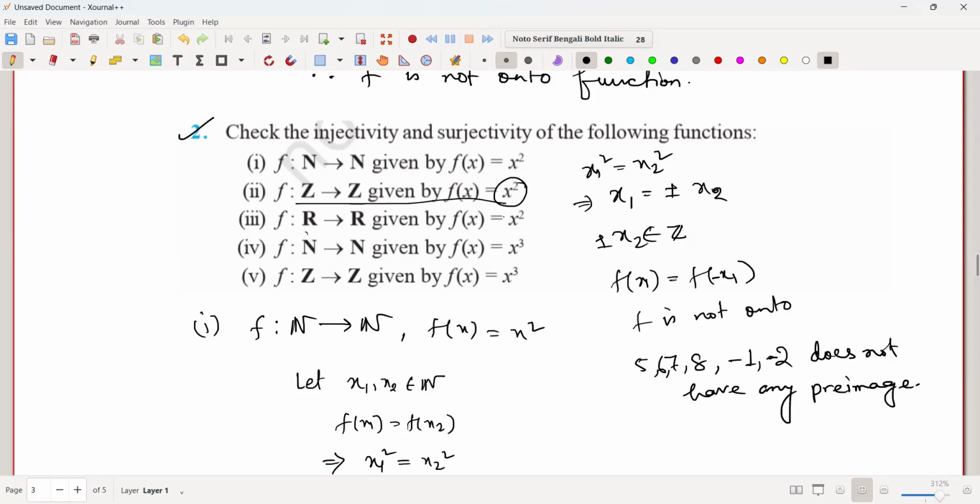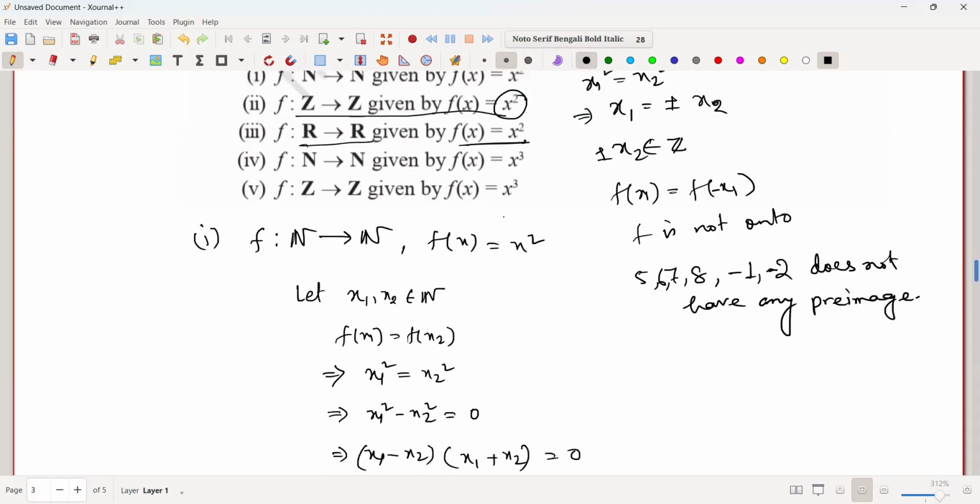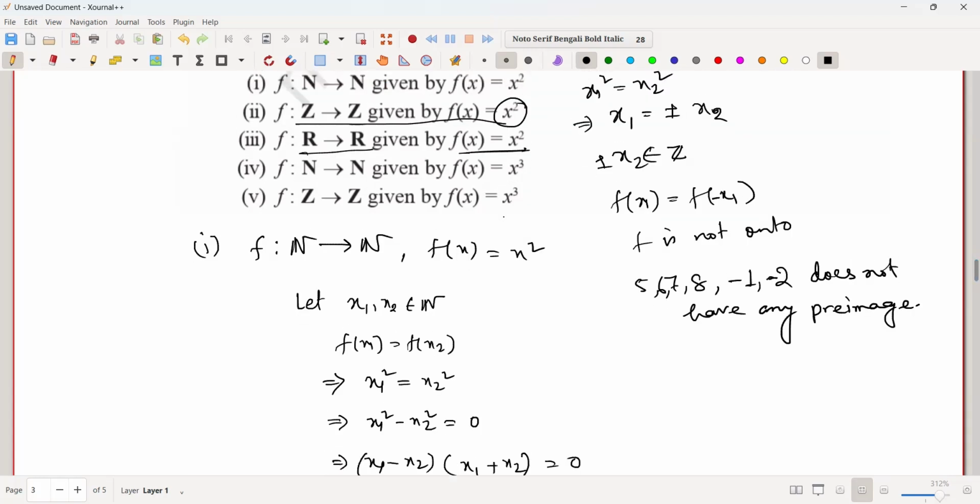And from R to R, it is given by x square. It is not a one-one map, and also not an onto map, because here x1 whole square equals x2 whole square, for every x1, x2 belonging to R, has two solutions, that is x1 equals plus or minus x2.